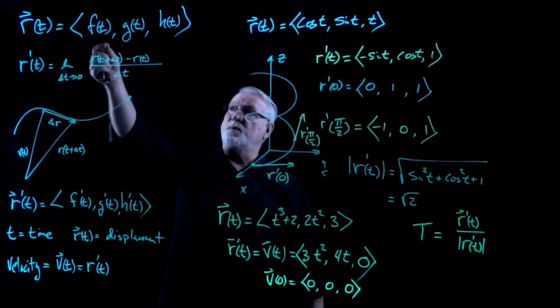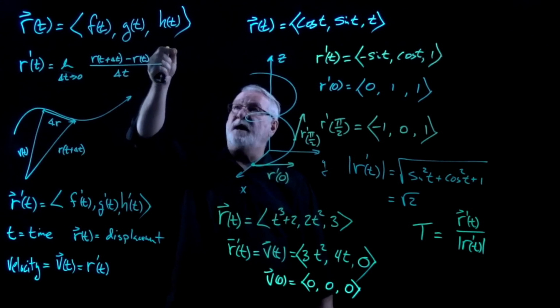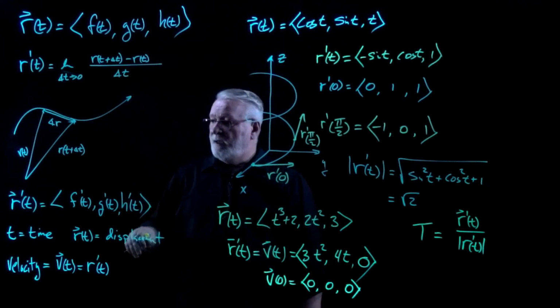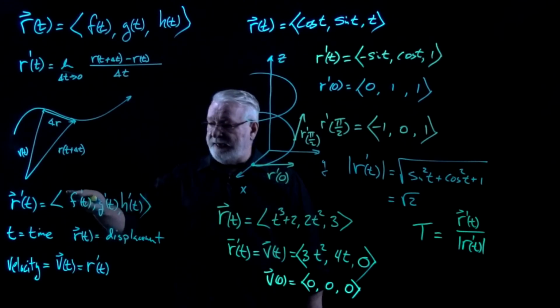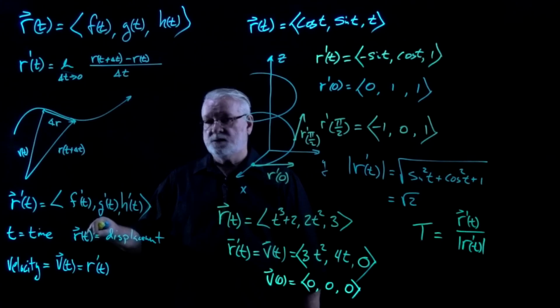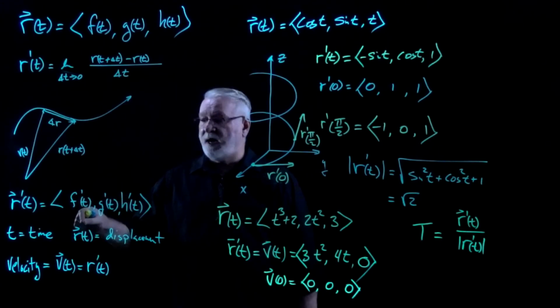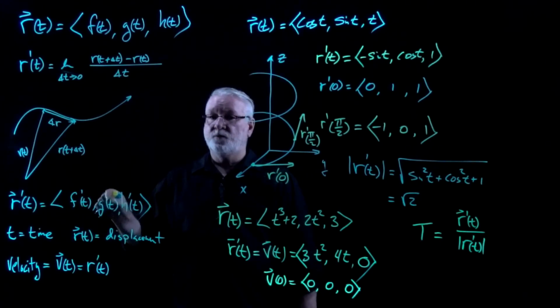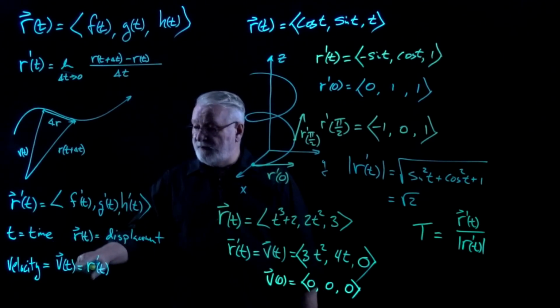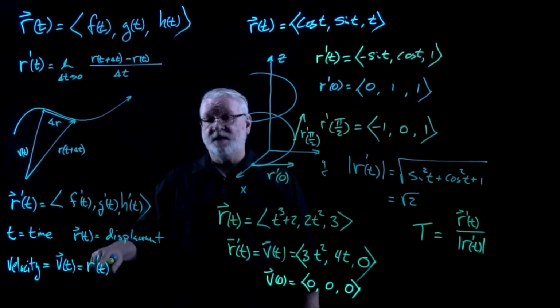If you can take the derivative of f of t and g of t and h of t, then you can take the derivative of r of t. The implication of that is you can think of all these as being trajectories where the location of an object is provided by the radial vector. Therefore, its first derivative can be seen as the velocity vector.